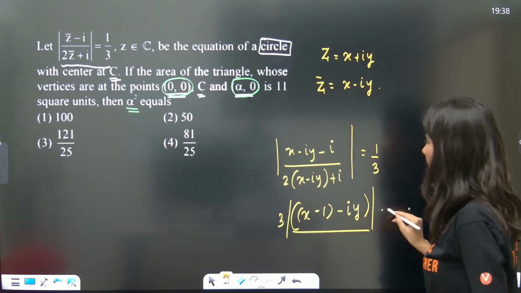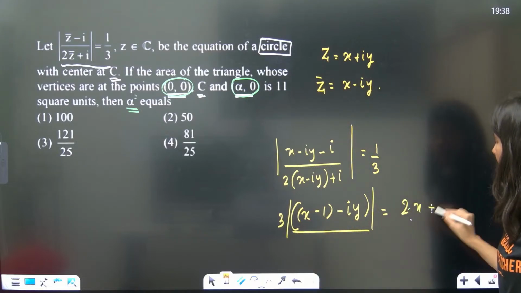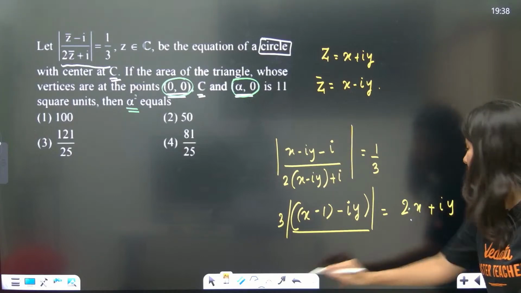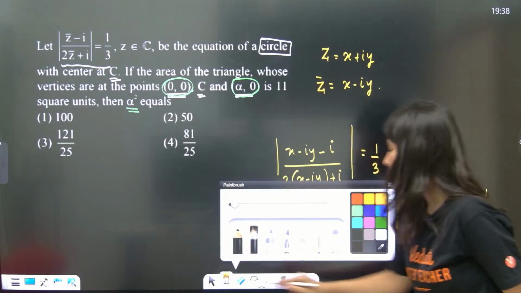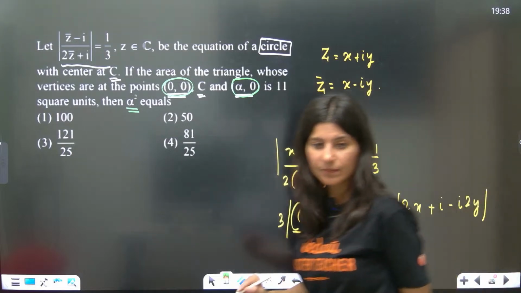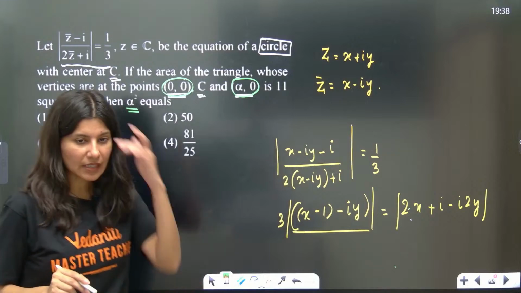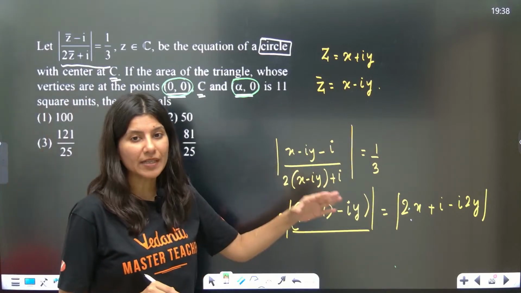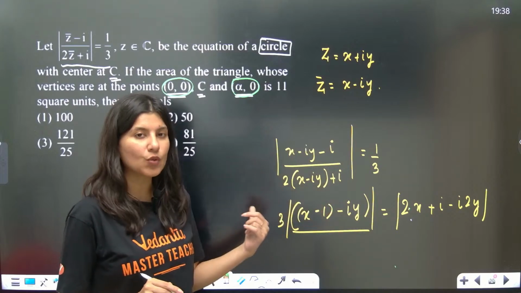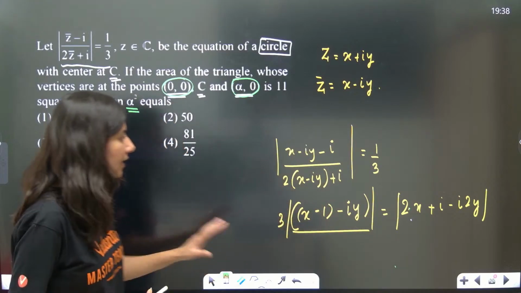Clear? So what are we doing? We are just doing the cross multiplication and plugging in the value of z bar. We did it.